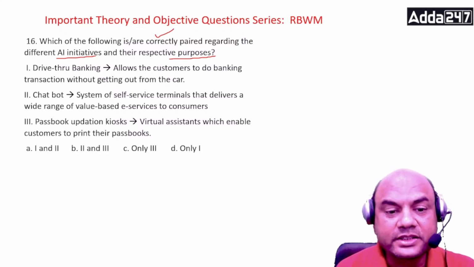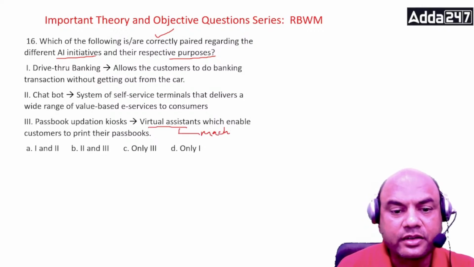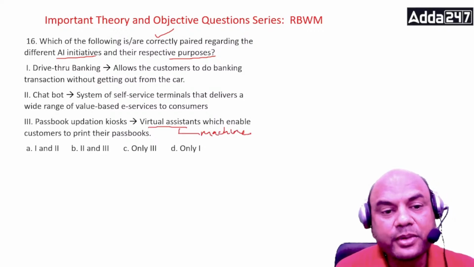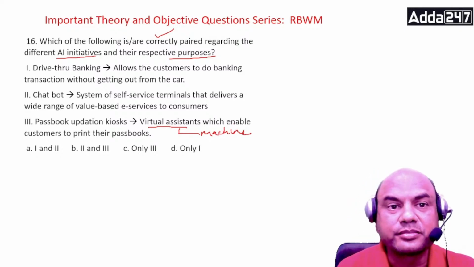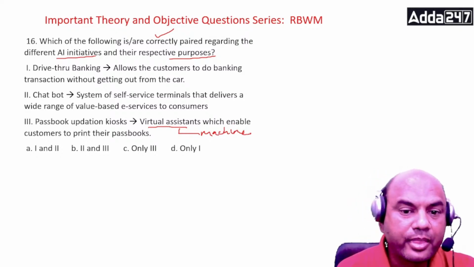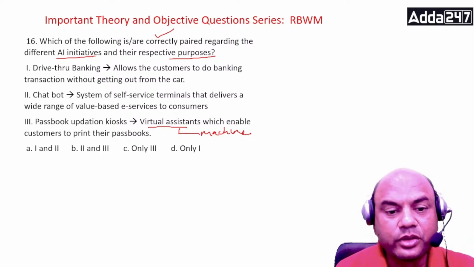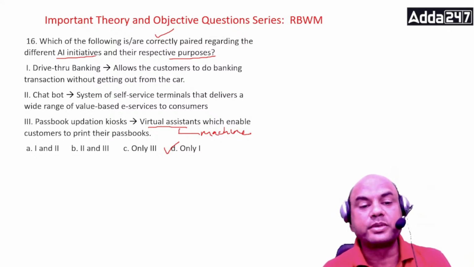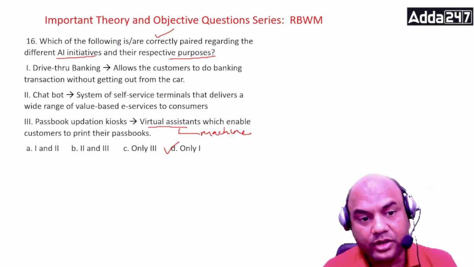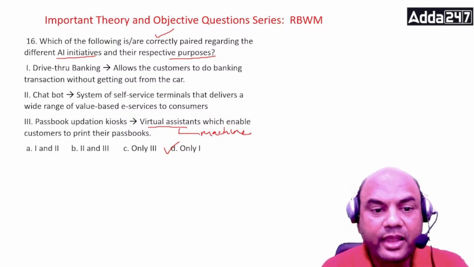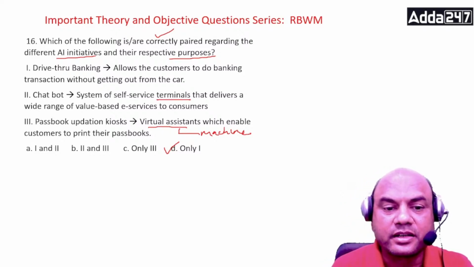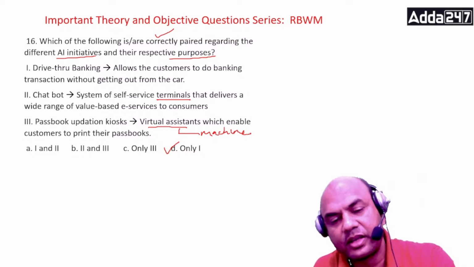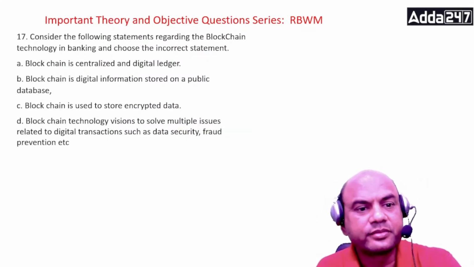Is there an assistant? It's just a machine, not an assistant. An assistant means something similar to a chatbot. So only one is correct over here. Self-service terminals that deliver a wide range of value-based e-services is wrong for chatbot. Chatbot is not a terminal; it is an assistant. Got it? Clear, everyone?